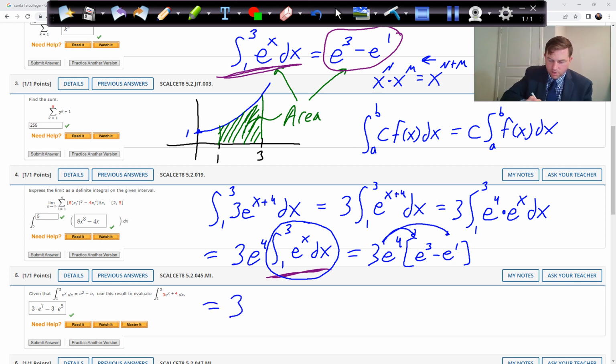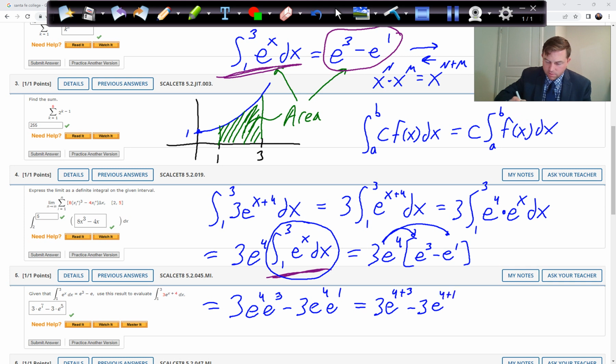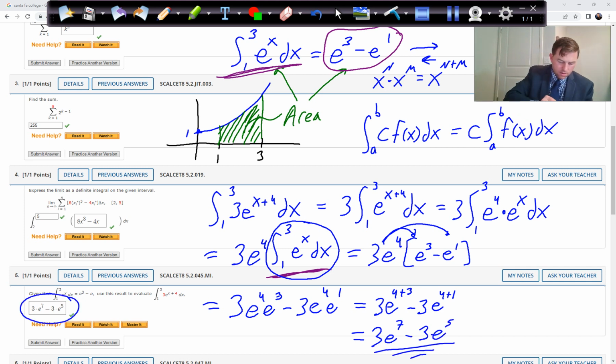So we'll get 3e to the fourth times e to the third, minus 3e to the fourth times e to the 1. And now we're going to go this way. These two separate e's can be combined into e to the 4 plus 3. These two e's can be combined to 4 plus 1. So we get 3e to the 7th minus 3e to the 5th. And that is just some number.